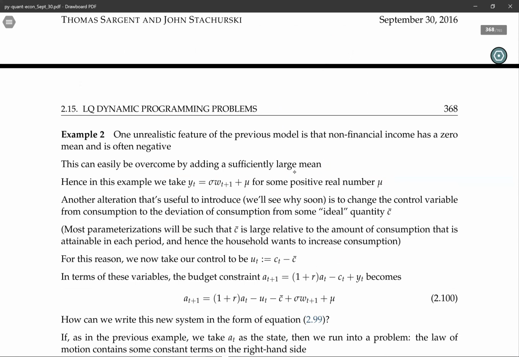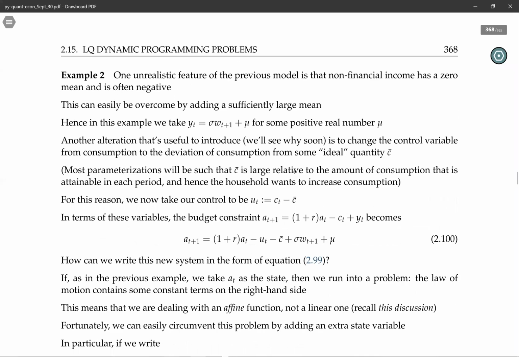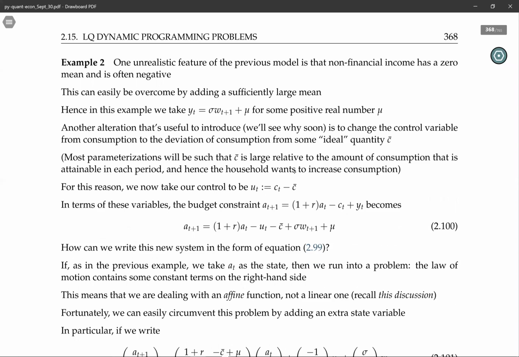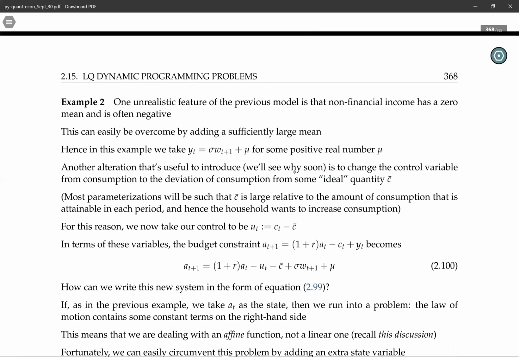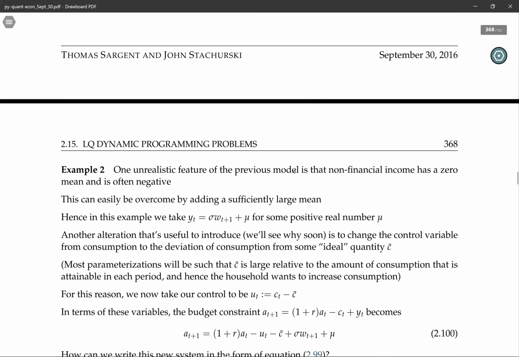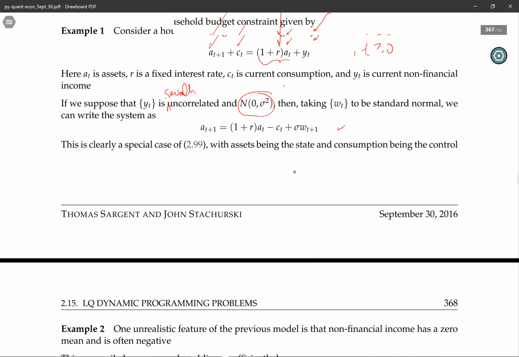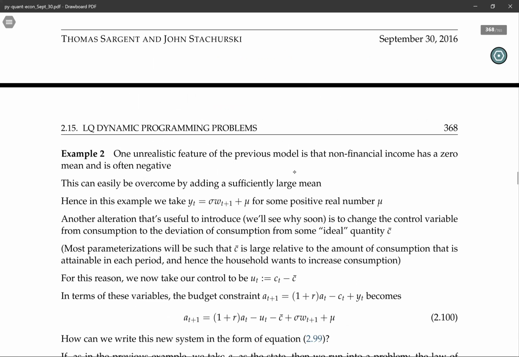Now what we're going to do, we'll work with this very simple example for a while. You'll notice we've actually chosen quite a simple example because we know how to make yt serially correlated by using this trick that Paul Samuelson showed us earlier.